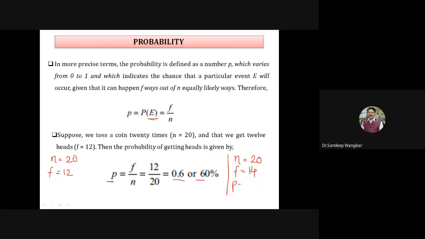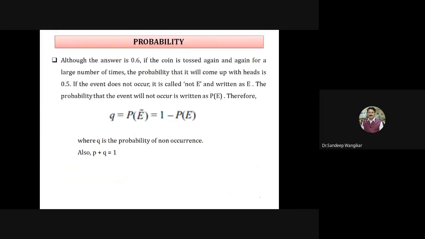The probability is F by N, 14 divided by 20, which is 0.7, or I can say 70% chances are there. So we are taking these examples to show what the probability is. Now the coin is tossed 20 times and we have measured it, and the examples show what is happening. Okay, so now making a generalized statement.